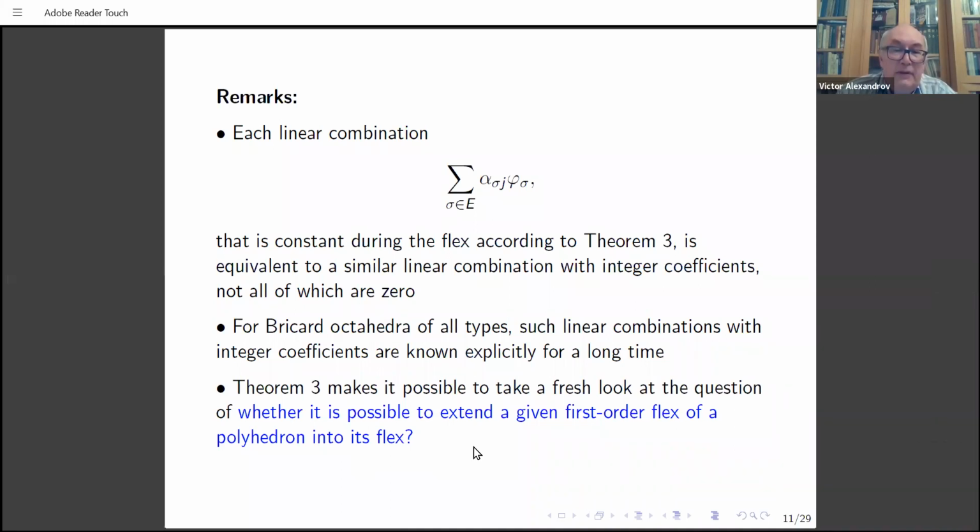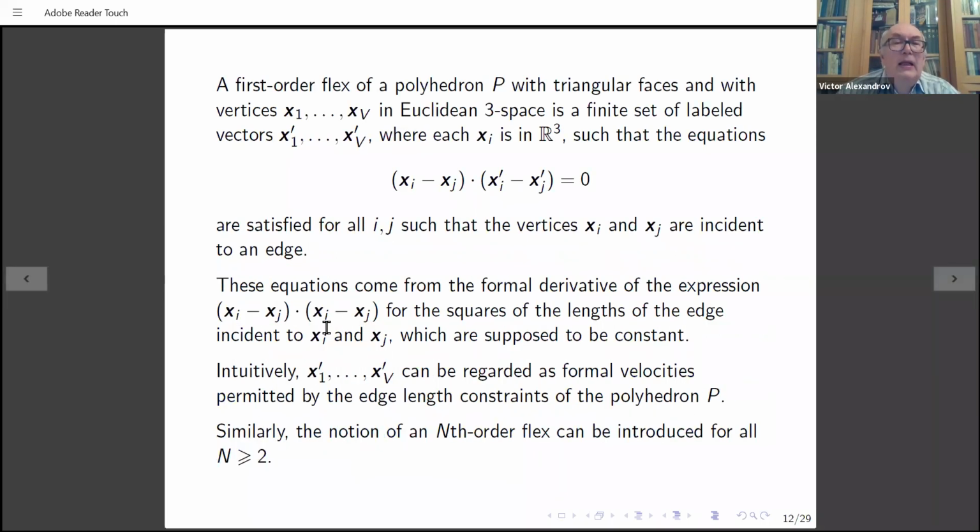So we are given a first order flex, and we are interested whether this first order flex is generated by a flex. Let me recall the basic definitions.